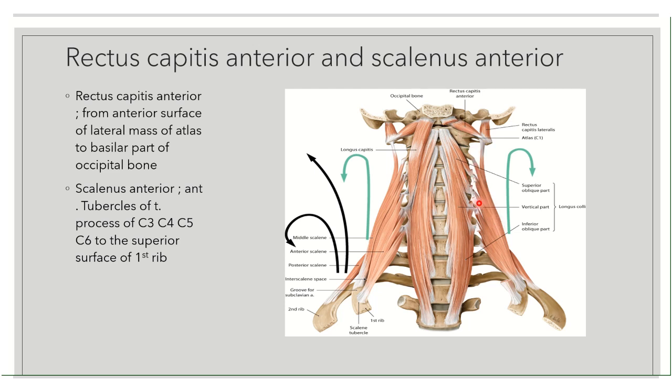All right, then we have another prevertebral muscle which is very important and is called scalenus anterior muscle. These are the fibers of scalenus anterior muscle. You can see on both sides the fibers of scalenus anterior muscle. These fibers originate from the anterior tubercles of transverse process of second, third, fourth, fifth and sixth cervical vertebra, and they then insert on the outer or superior surface of first rib.